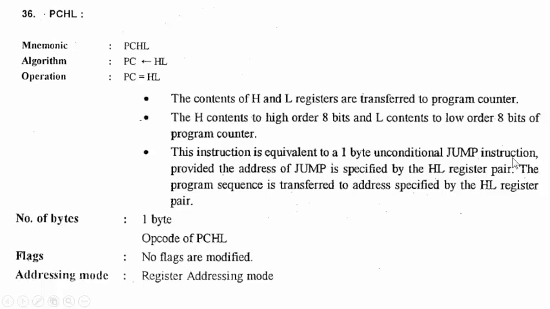So the program sequence is transferred to the address specified by HL register pair. That means before using this PCHL instruction, it is required to store the 16-bit address in HL register pair. Then only we can use this PCHL instruction.